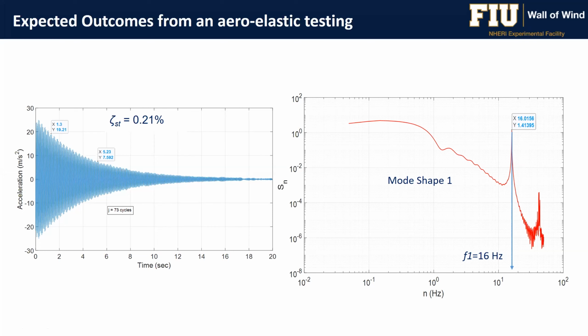Also, you can identify the frequencies of the model, like what you see here on the right-hand side. We can identify the frequency for each mode. So we excite the structure in a certain direction that mimics the first mode shape, for example, and then we see the corresponding frequency by plotting this PSD.